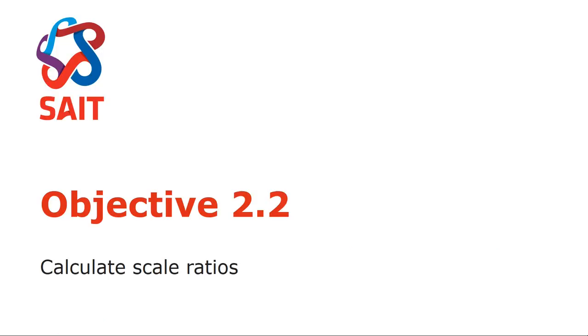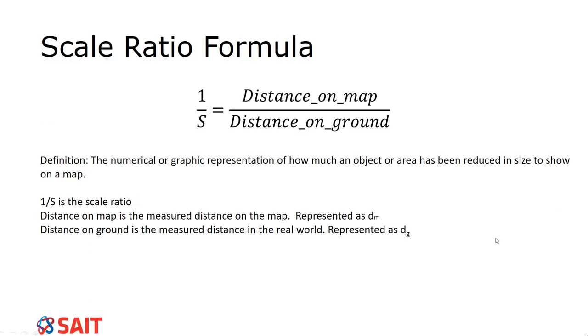So moving on to the next stage. The next objective is calculating the scale ratios. Really the rest of this module is the calculations. So here we have a scale ratio formula. At the top here we have 1 over s. Now I write it out this way. I'm going to be teaching you one way and one way only, because I want to avoid any confusion.